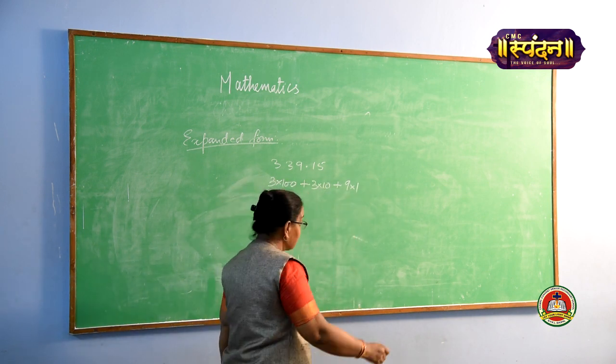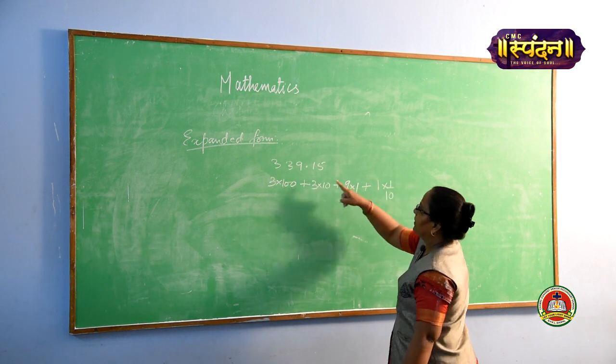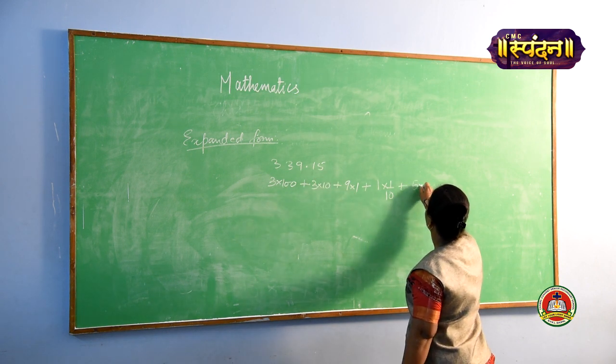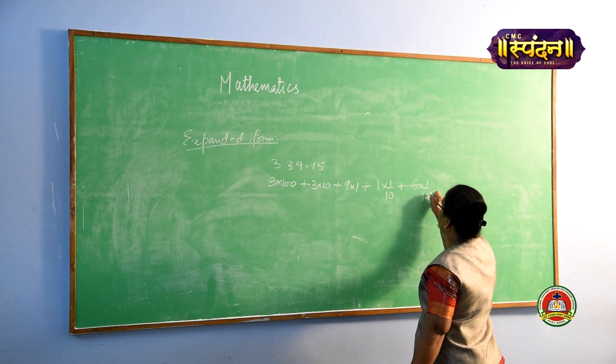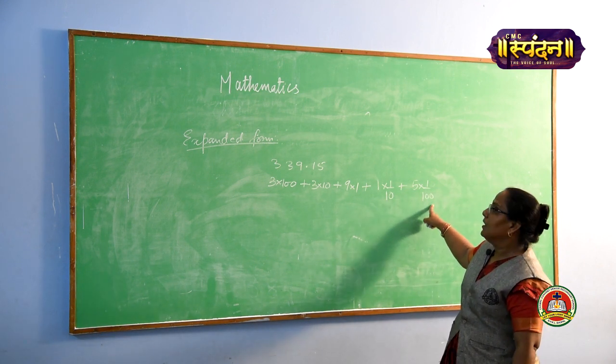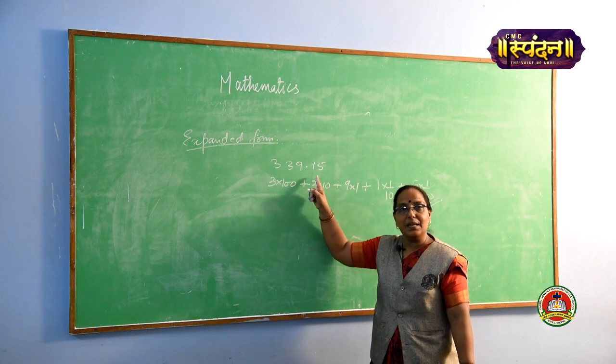After decimal 1 is there, so we will write 1 into 1 by 10, because this is in the tenths place, and 5 is 5 into 1 upon 100. That means the power of 10 increases. Here it is 1 and now it is 2. So this is called the expanded form of any decimal number.